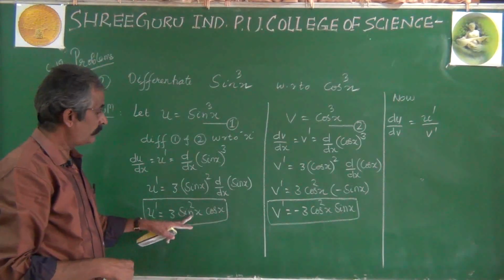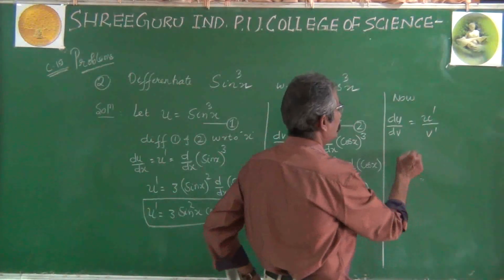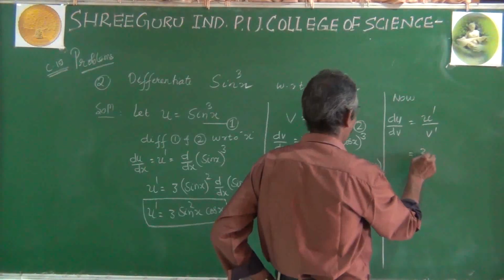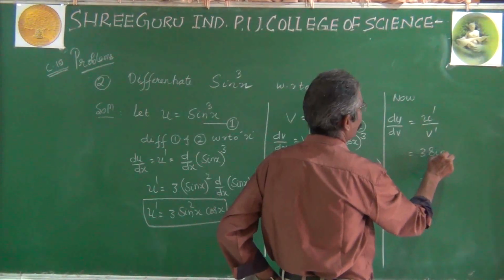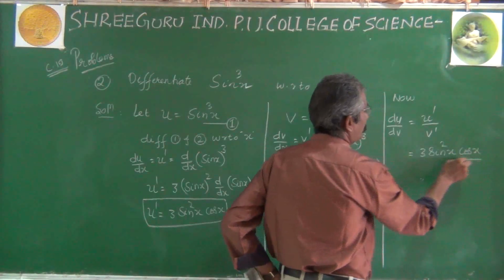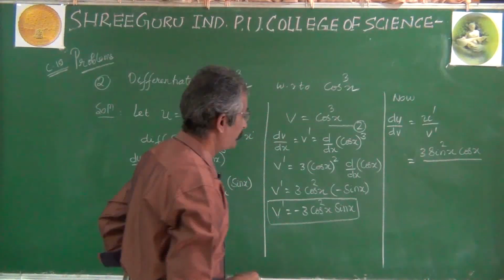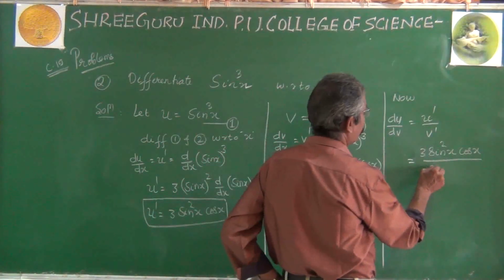Substitute the values of u dash as well as v dash in this form. U dash is 3 sin square x into cos x, divided by v dash, which is minus 3 cos square x into sin x.